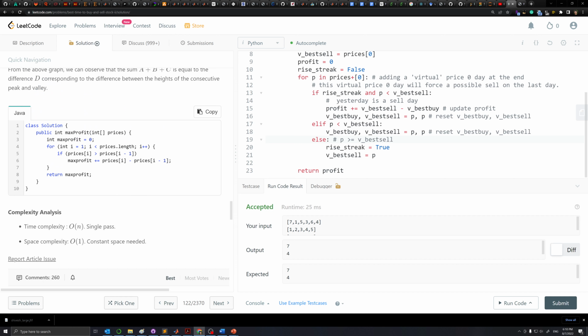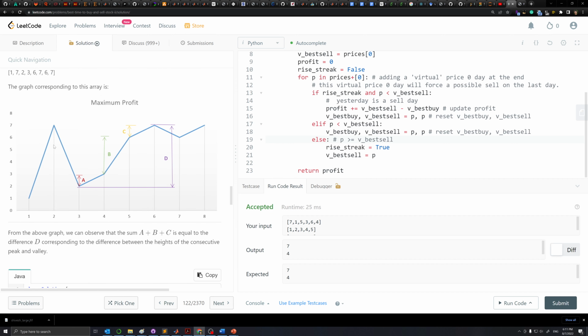Max profit, for integer from 1 to the last length, we're gonna do: if we see a price rise, then we're gonna sit on the price rise. So basically, we're gonna sit on any price rise.